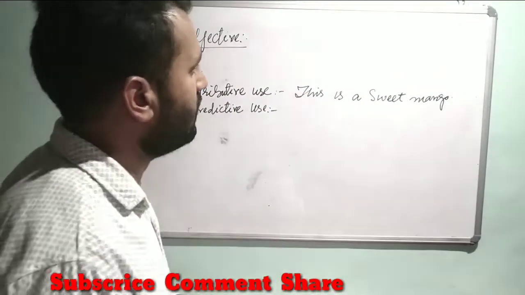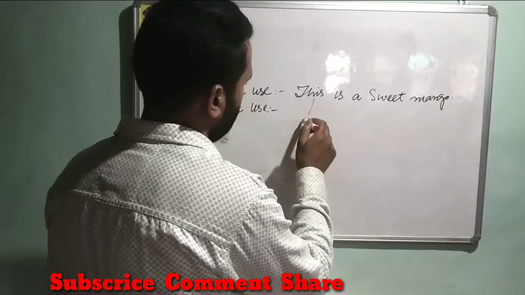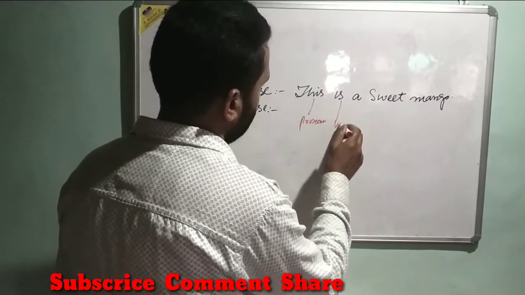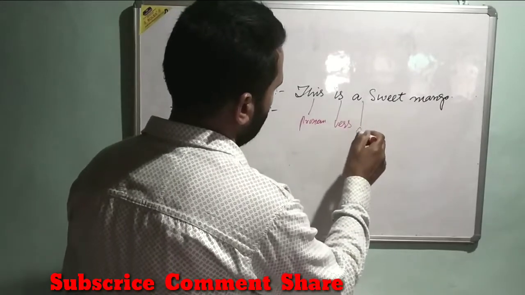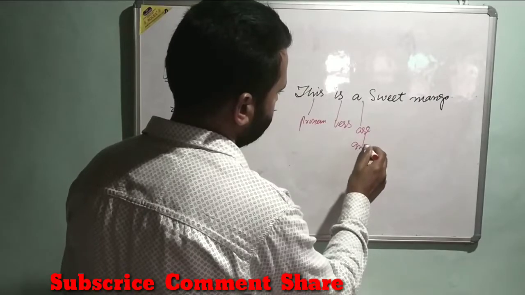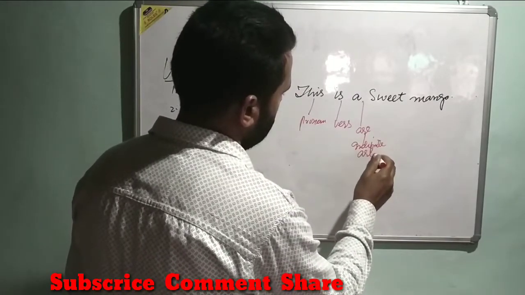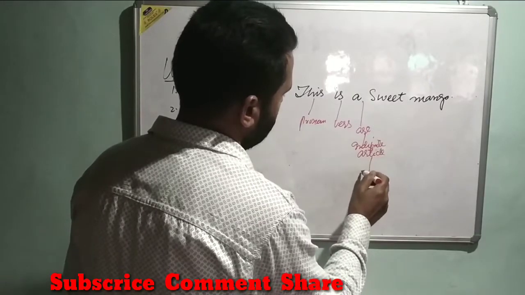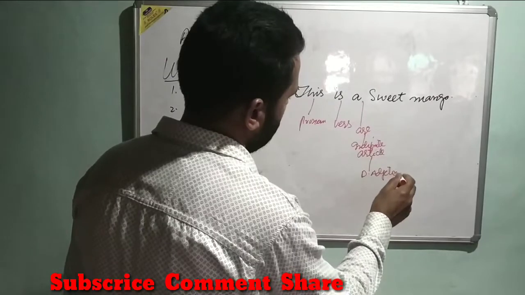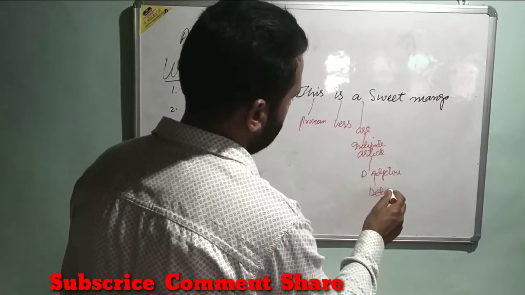This is a sweet mango. Now see, this is pronoun, this verb, and this article. It's indefinite article that we know. And that's actually demonstrative adjective that we know. Okay, we can say it's determiner.